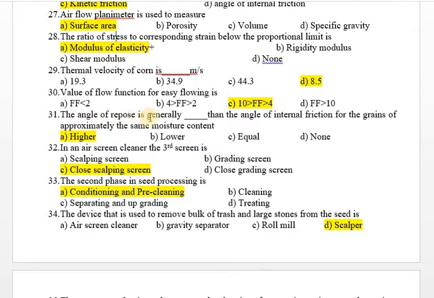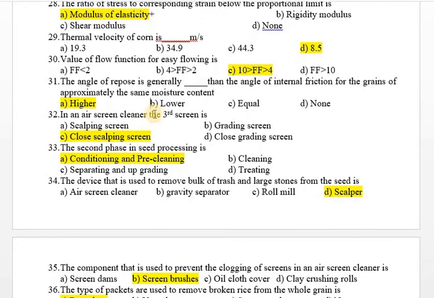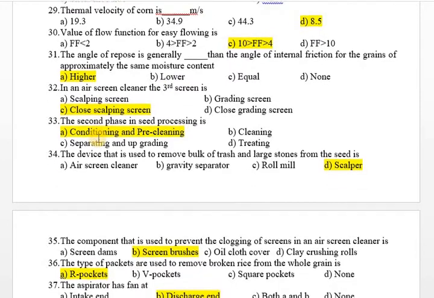Next, the angle of repose is generally higher than the angle of internal friction for grains of approximately the same moisture content. In an air screen cleaner, the third screen, I told already: first screen is scalping, second is grading, third is close scalping. Here asking third screen, so close scalping screen.